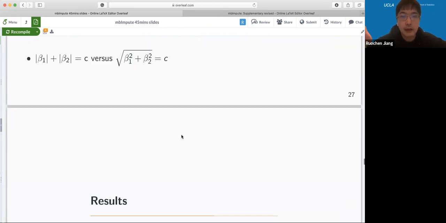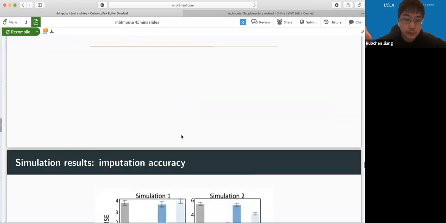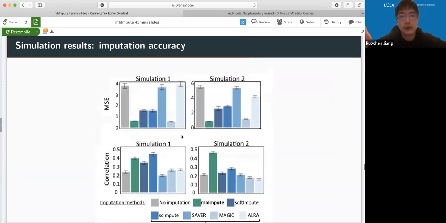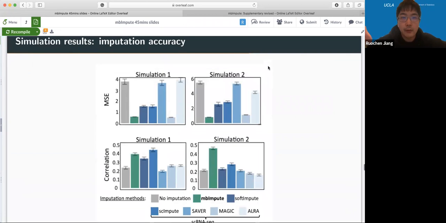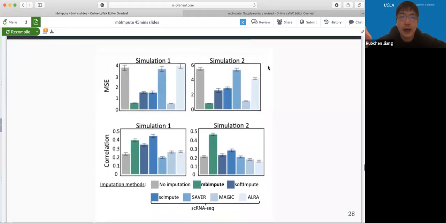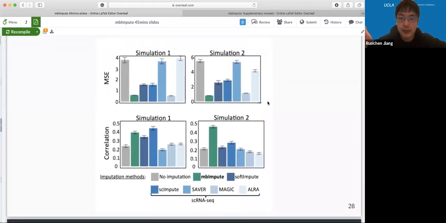Okay, so then I will talk about the results. First, I want to evaluate how accurate our imputation algorithm is. Here I used two metrics. One is the mean squared error, and the other is the correlation, which is actually the average correlation among all the taxa.